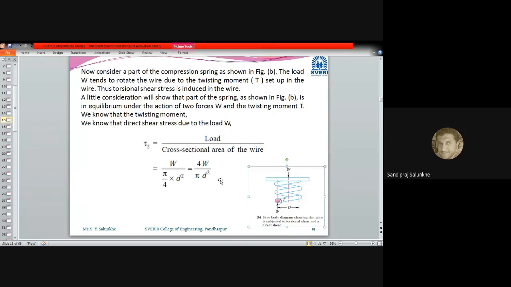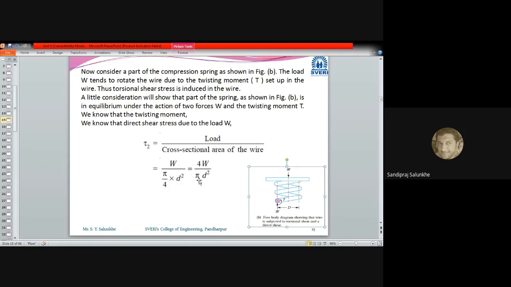Okay, so this stress is nothing but the load divided by the cross-sectional area of that wire. The load which is applied divided by the cross-sectional area, pi by 4 d square, where small d is the wire diameter, and hence we get this shear stress, called direct shear stress due to load, because when load is applied, the wire directly gets sheared.